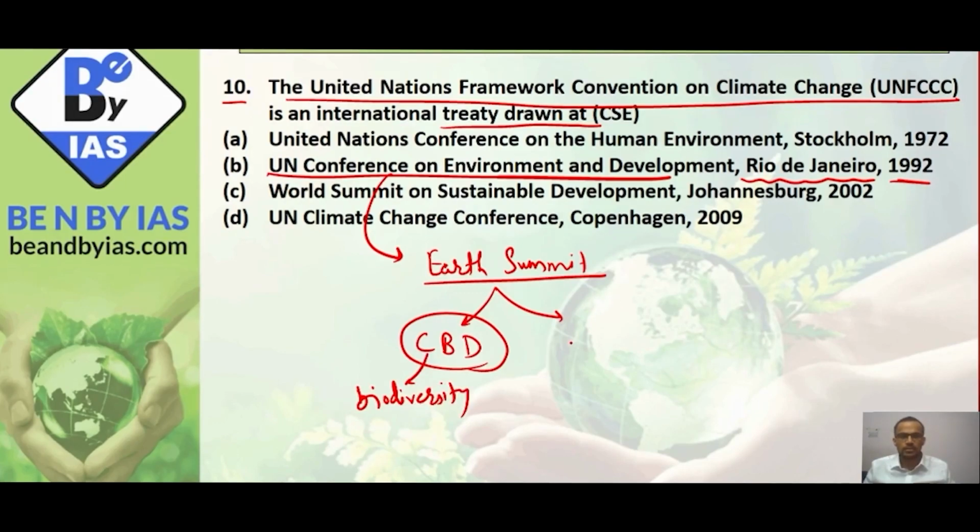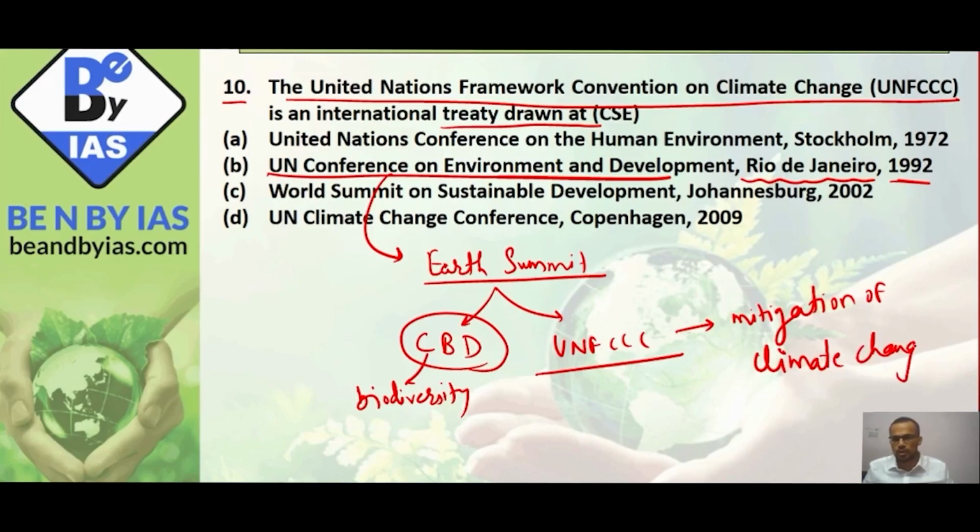And the second convention signed at the Earth Summit, or Rio Summit, was the UNFCCC, the United Nations Framework Convention on Climate Change, which deals with the mitigation of climate change. So the answer is D. Next question.